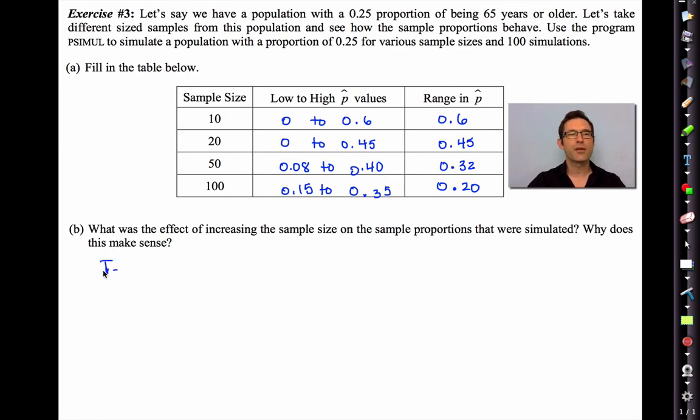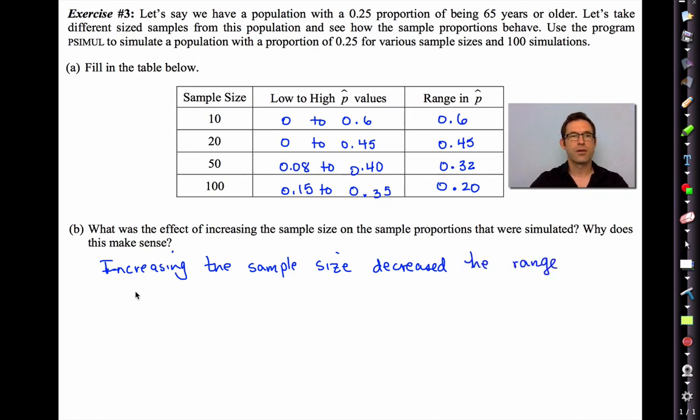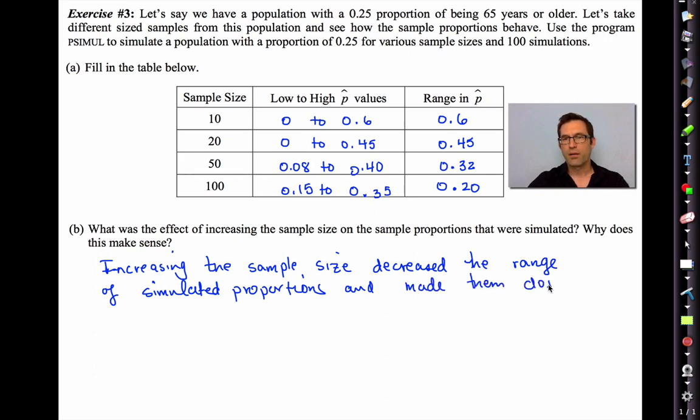Well, increasing the sample size decreased the range of simulated proportions and made them closer to the 0.25 population proportion.